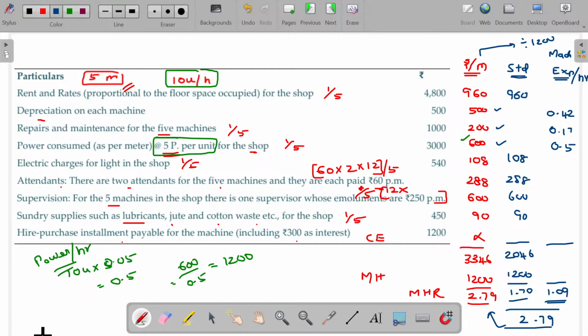One is standing charges, and another is machine expenses. If it is clear, text me.